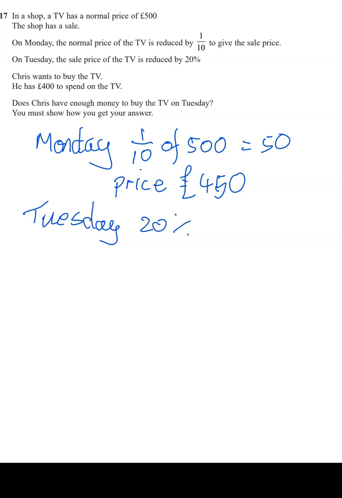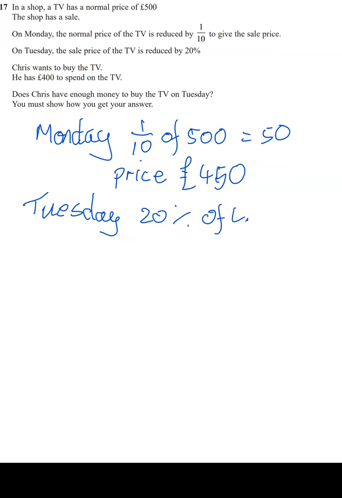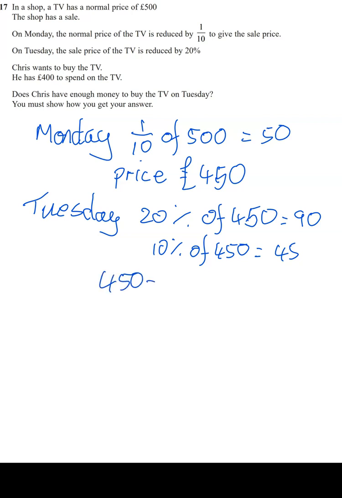Now this is 20% of the new price, so 20% of 450. Okay, well 10% of 450 is 45, so 20% will be double that, so 90. So we need to do 450, take away 90, which is 360.